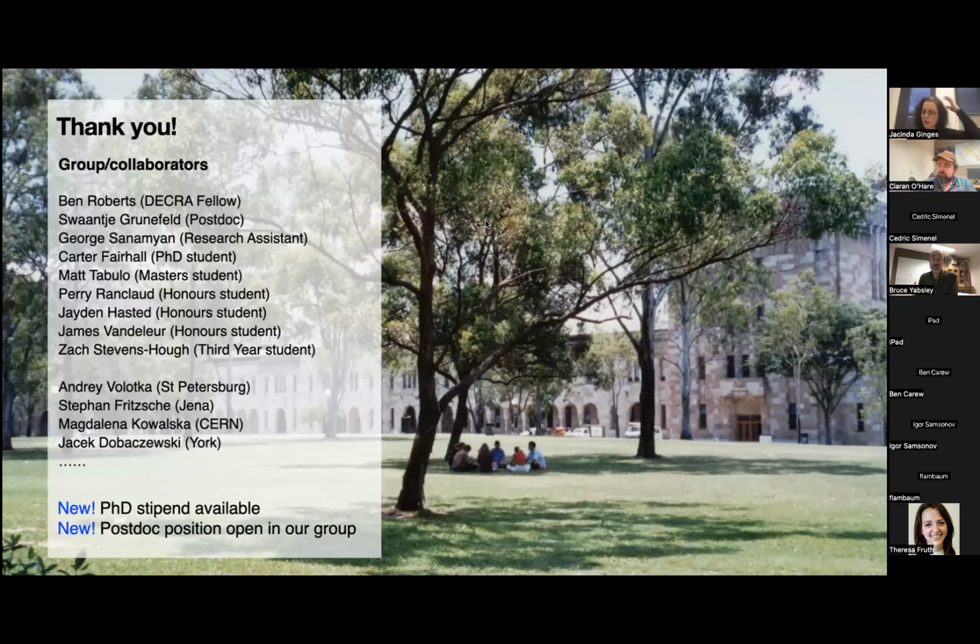But we're actually working with Professor Kowalska at CERN, who's doing experimental work on all this stuff, but also with Jacek Dobaczewski, who's in York at the moment, and he's an expert in microscopic nuclear theory. And indeed, in that project, we're working towards doing detailed microscopic calculations of the Ball-Weisskopf effect.